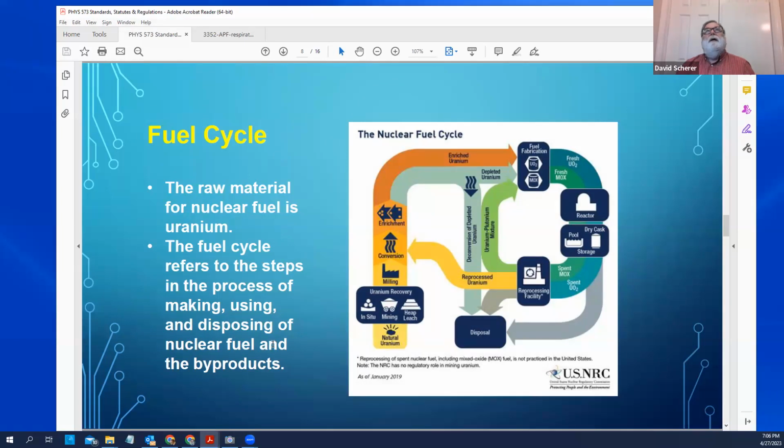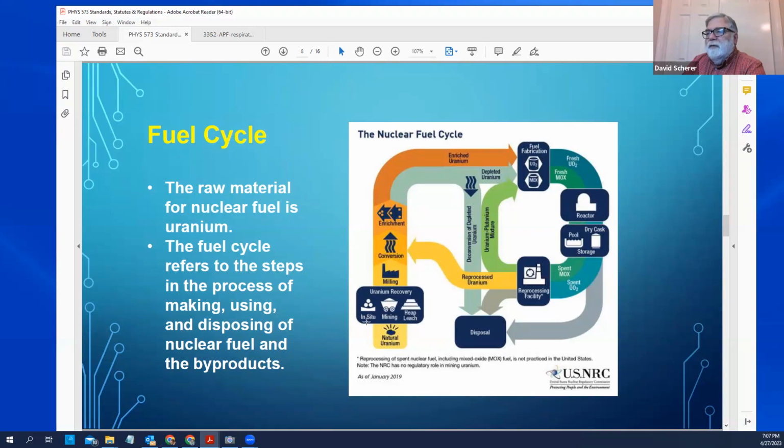HPs use the same science in different industries, and to be an effective member of any employment situation, you need to have an appreciation of the overall job that's being done and your place in it. So we're going to try to describe the overall work done by different facilities in the fuel cycle and what health physicists do there.